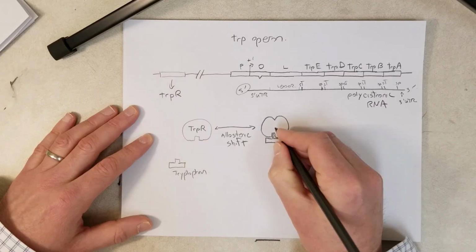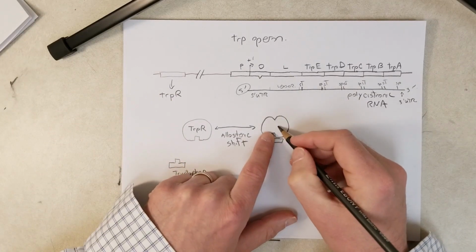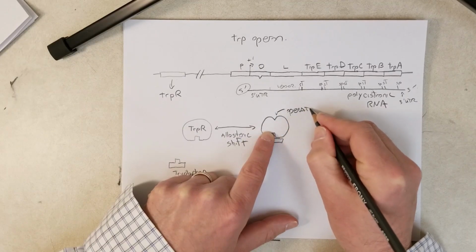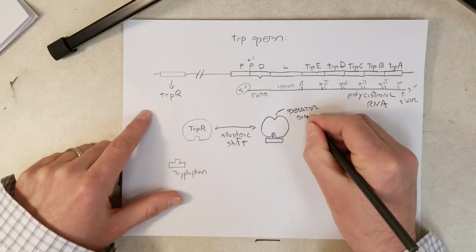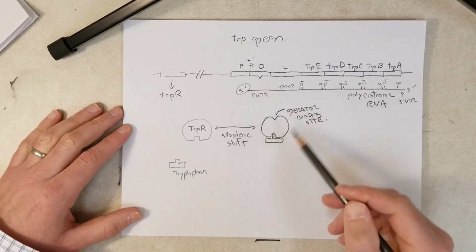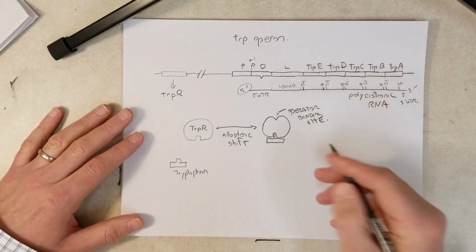So tryptophan bound induces a change in the conformation, which opens up the operator binding site. So it's easy to see when tryptophan levels are high.